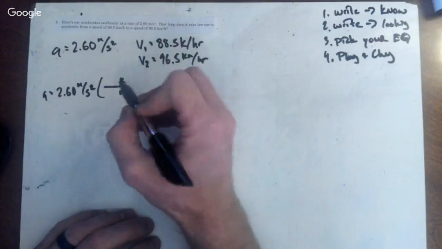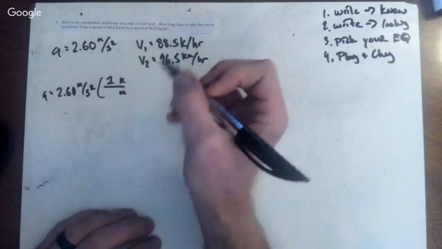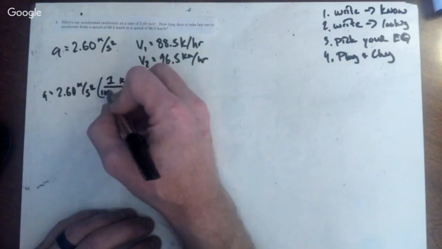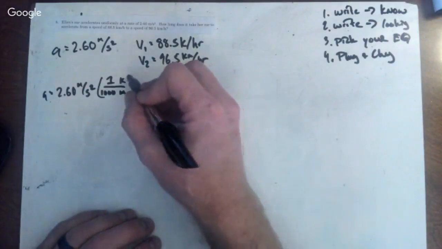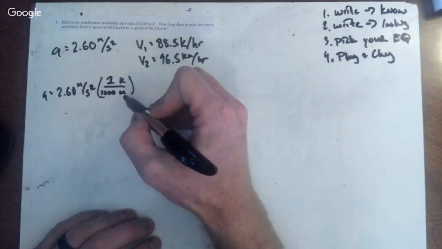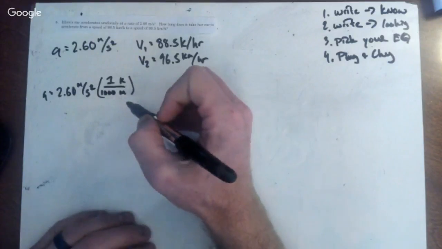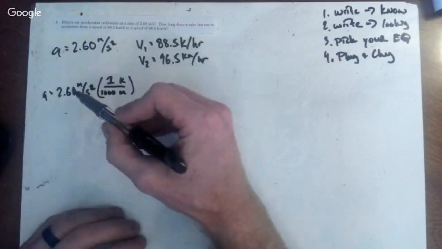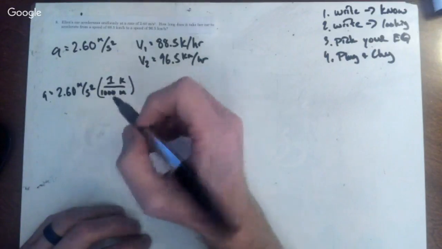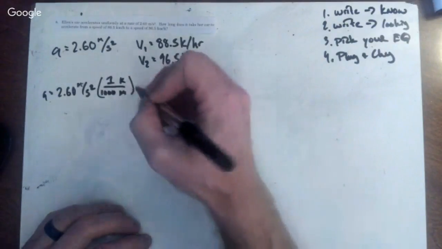At the top of the fraction, I'll put k's, because that's what I want to replace it with. Now, for every 1 kilometer, there are 1,000 meters. So what I've just multiplied by right here is just 1. 1k over 1m is just 1. So that hasn't changed the value of this number. It's just changed the form in which it's in. So those 2 meters cancel out.